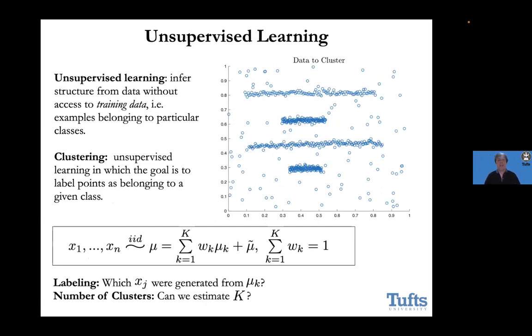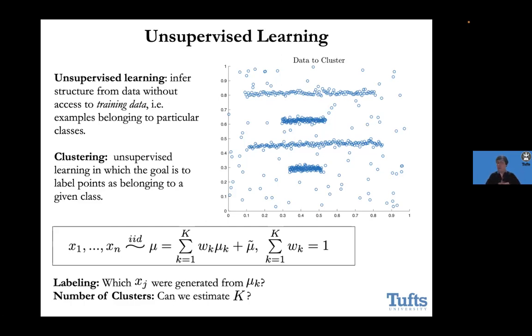In this case, we're going to assume it's an IID sample, although that's not really the point of this talk. The point is that this measure has structure. I'm going to imagine that mu is not arbitrary, but some kind of mixture model, and the mixture atoms, or latent components, are really the structure I'm trying to infer.